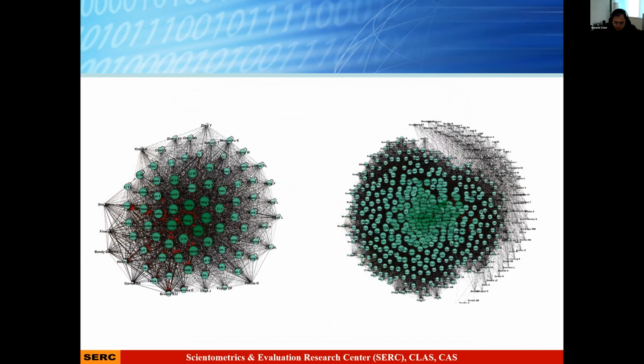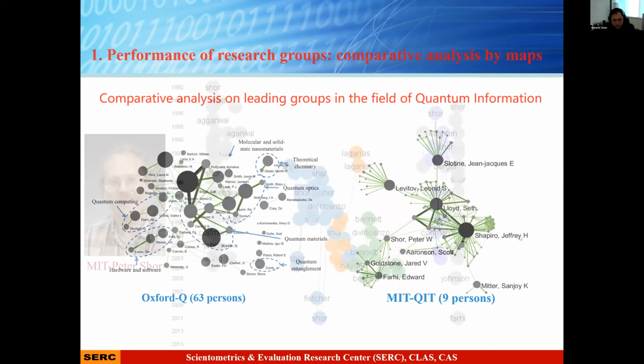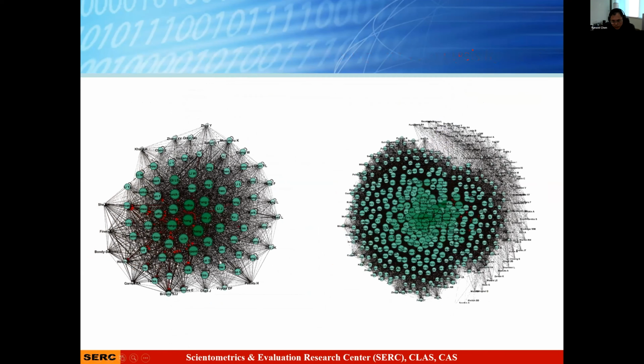Another way we can show, I just talked about this map. We cannot show which map is better. Also, in recent years we have done a lot of collaboration or citation networks, for example, these two collaboration networks. If you compare them, you cannot answer which network is better, which group has better performance.